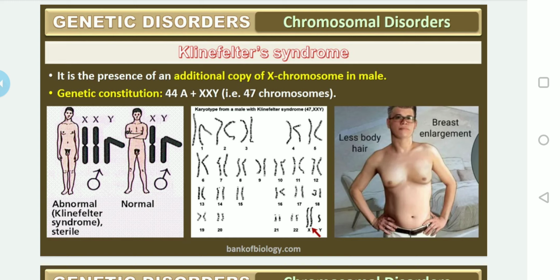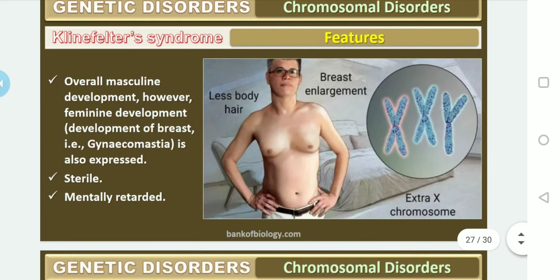Okay, so such individuals are sterile males. The person suffering from Klinefelter syndrome is generally a sterile male. When it comes to the symptoms, they are tall in stature, the body shows obesity, and there is scanty hair on the body.